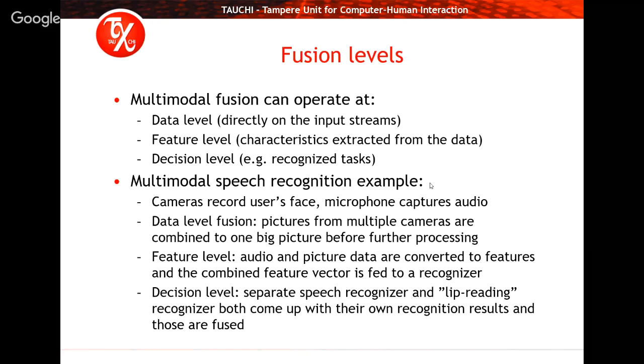And the decision level is basically what I just explained and what most of this material is about. So features, for example in speech recognition, are extracted so that when the audio comes in, it's split into very short segments of speech, something like 10 to 30 milliseconds depending on the system.